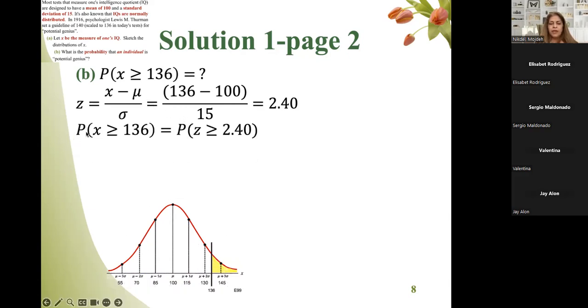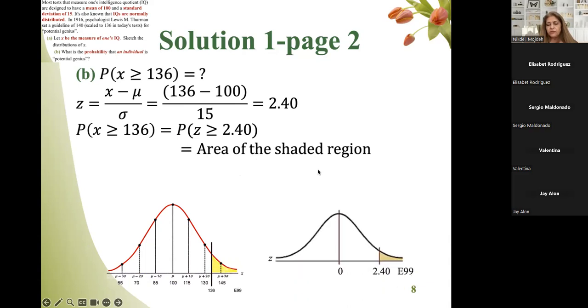So the probability of X greater than or equal to 136 is the same as the probability of Z greater than or equal to 2.40. Let me draw the Z curve. This is the area of the shaded region, the Z curve. This is the X curve with its own mu and standard deviation.